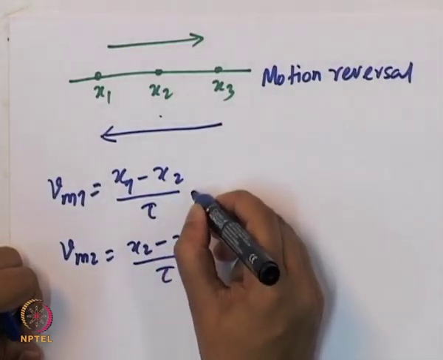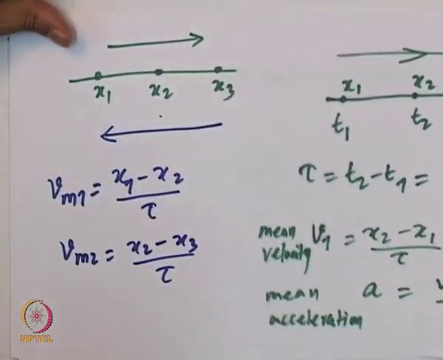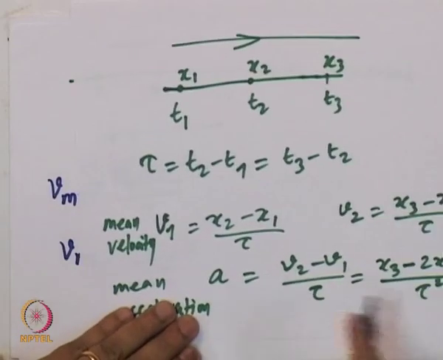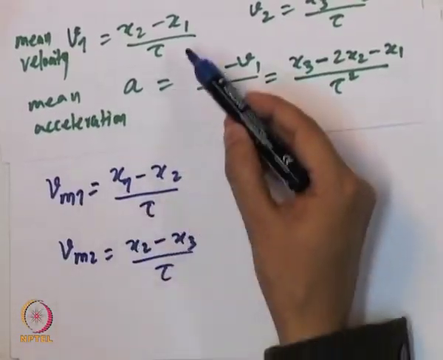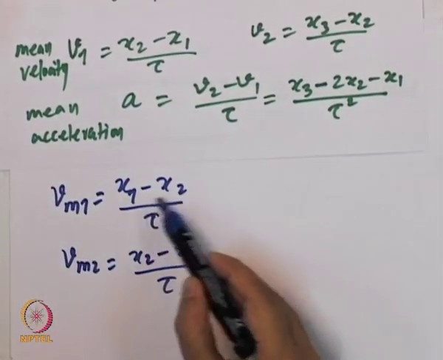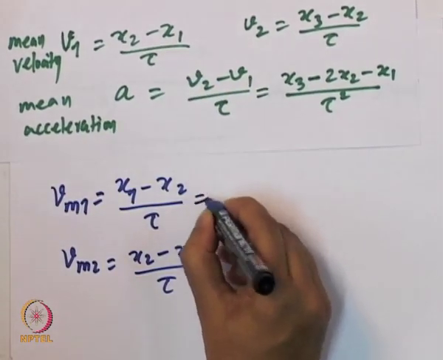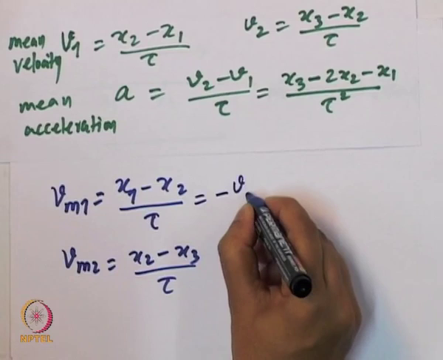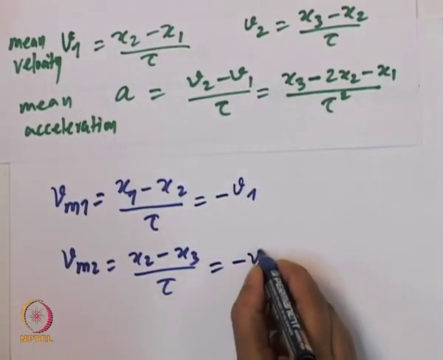When you compare this to the values that we computed earlier, we are able to see that these values are opposite to each other. We have x1 minus x2, whereas earlier we had x2 minus x1. So we can write Vm1 is equal to minus v1 and Vm2 is equal to minus v2.